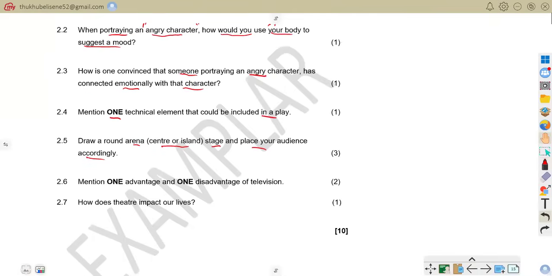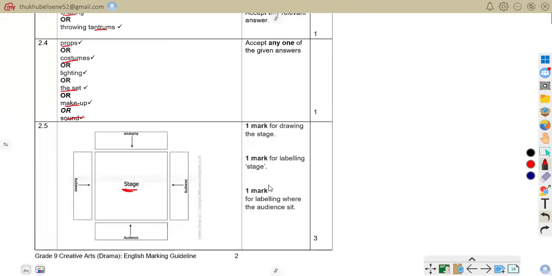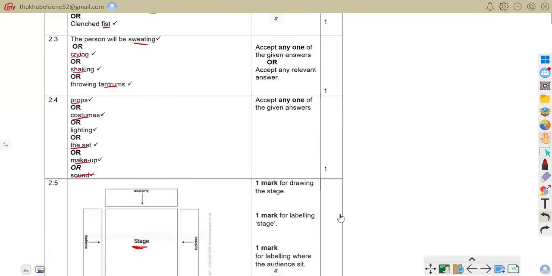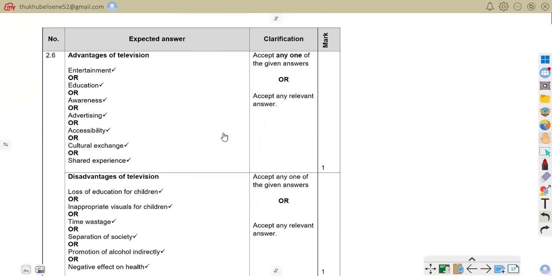2.6: Mention one advantage and one disadvantage of television. The advantages of television: it entertains, it educates, it can make you aware.